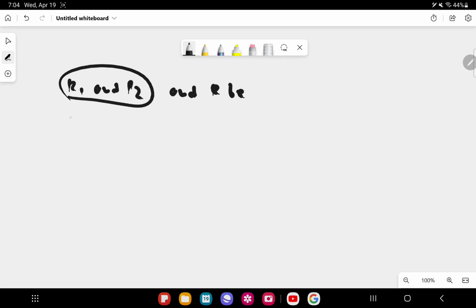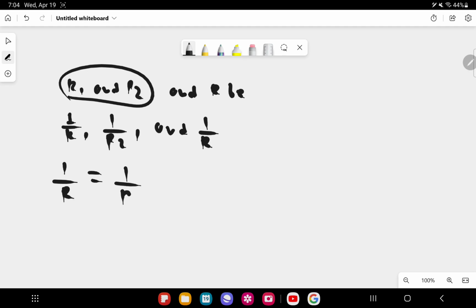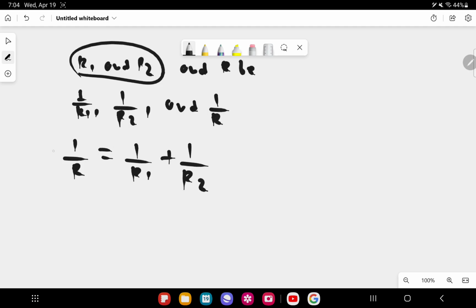Now the reciprocal of R1 is 1 over R1, the reciprocal of R2 is 1 over R2, and the reciprocal of R is 1 over R. So according to the statement which I made previously, 1 over R is equal to 1 over R1 plus 1 over R2. So where R is the equivalent resistance of resistors R1 and R2 connected in a parallel connection.